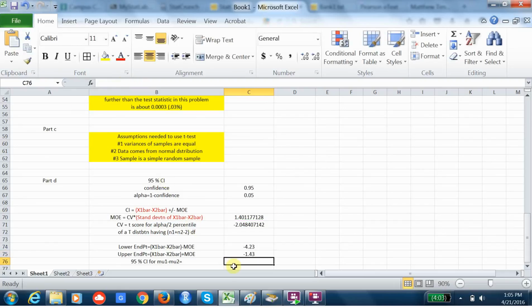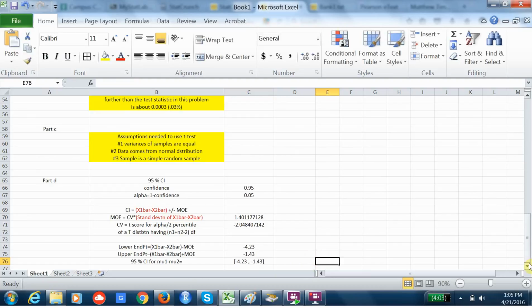Okay, so there's my upper and lowers. So now I'm going to go ahead and say that the confidence interval is minus 4.23 to minus 1.43. And I'm done.